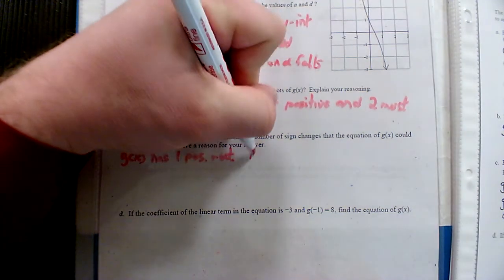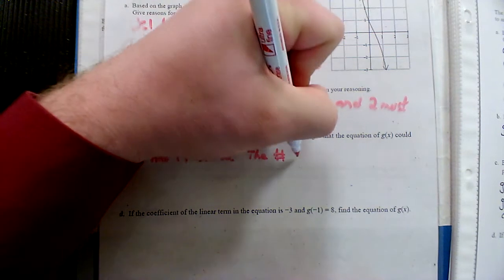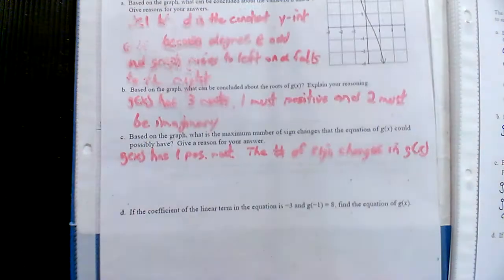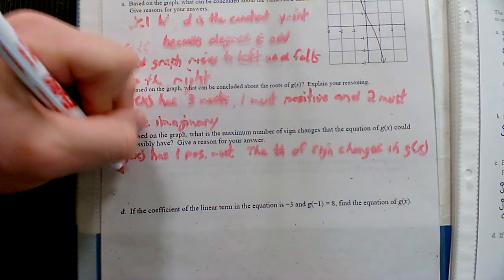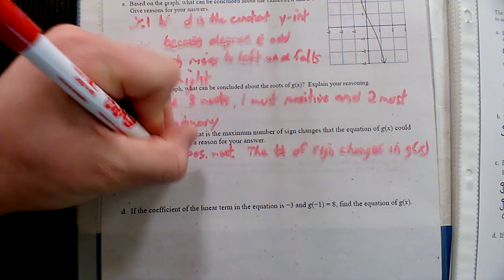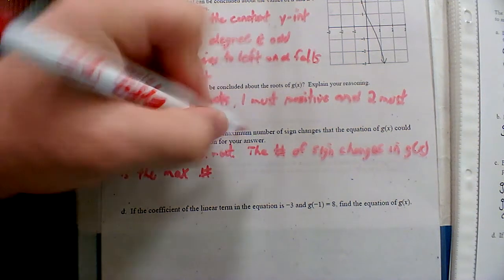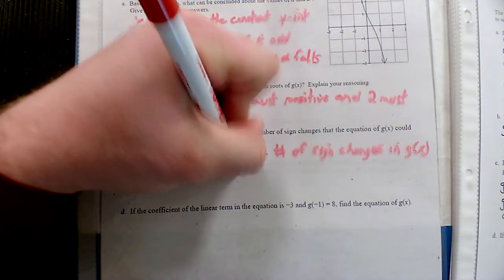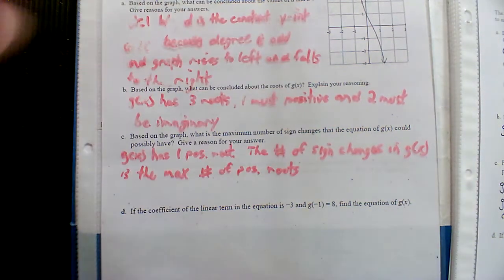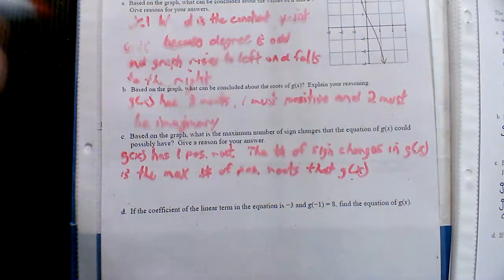The number of sign changes in g of x is the maximum number of positive roots that g of x could have.